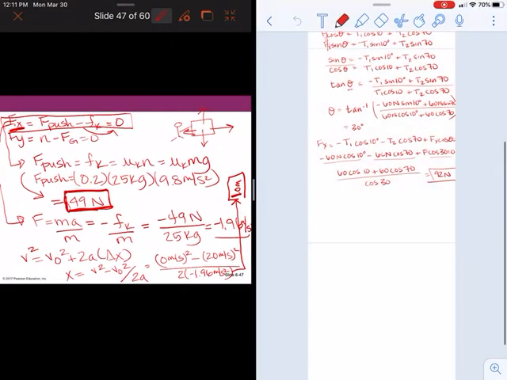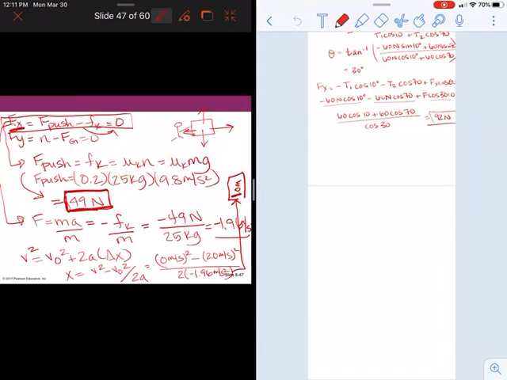The thing I'm trying to say is that if we had mass times acceleration equal to negative kinetic friction, and we didn't know that the kinetic friction itself was equal to 49 newtons, we know that kinetic friction is our coefficient times normal, which normal is the same thing as mass times gravity, because the force of gravity and normal are equal to each other. So we could say it like this.